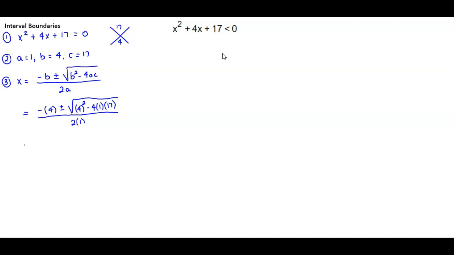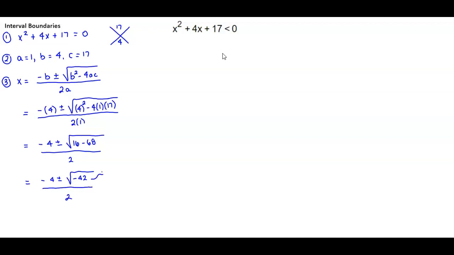Now we end up with negative 4 plus or minus the square root of 16 minus 68, all over 2. So then we get negative 4 plus or minus the square root of negative 52, over 2.